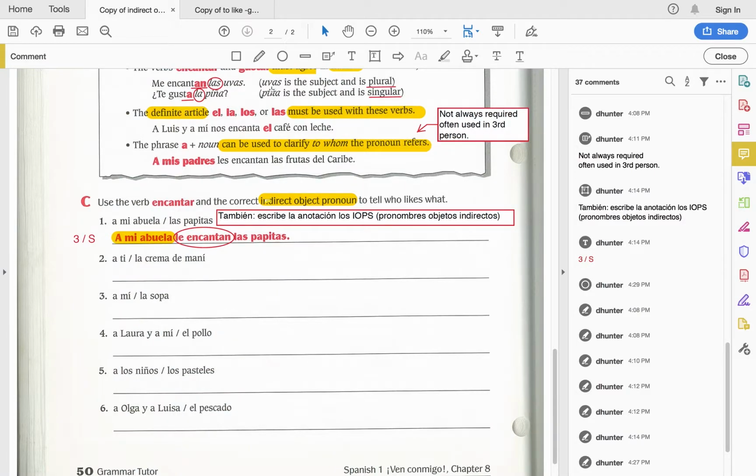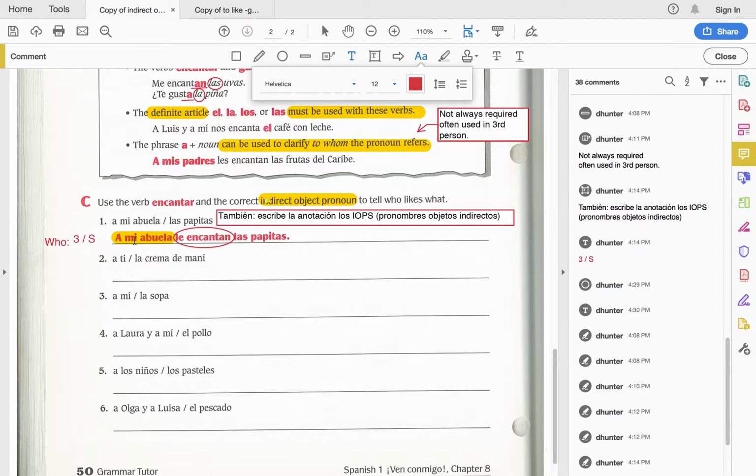Again, this is all about who. I want you to look at your example, and at the end of your example, check your work. Did you give me the correct who in your IOP? Does your indirect object pronoun, does le match mi abuelita?